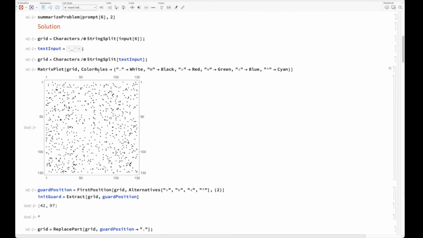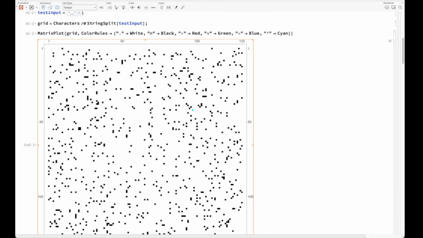You have a grid where you have some walls in it, and you start from some point in that labyrinth, which is supposed to be a guard of sorts that is walking around this labyrinth, and it also has a direction. I just colored the direction here.